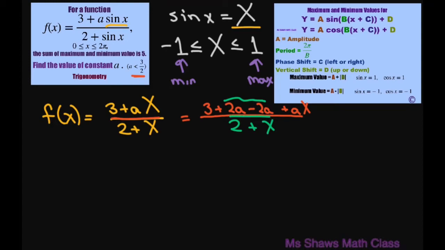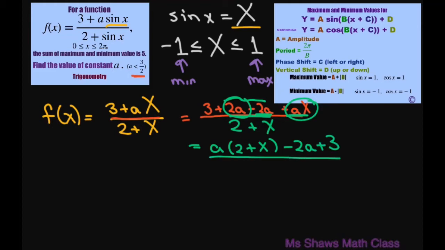Now when I do that, what I can do is write this as the aX, and this right here, I can write this as a times 2, so I'm doing these two right here. 2 plus big X, and then I'm going to have this minus 2a plus 3, and then all divided by 2 plus big X.